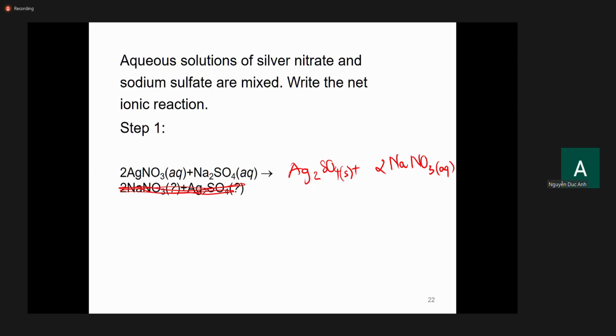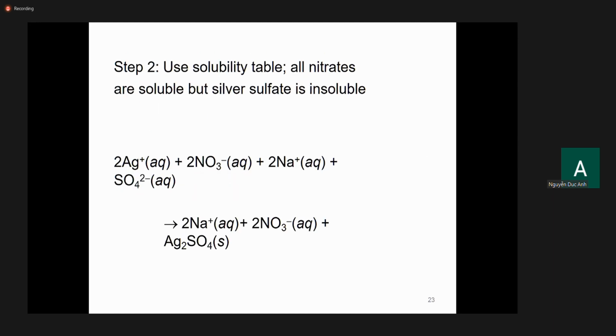Now you know that in this reaction, silver sulfate is produced as an insoluble material. It's what we did last time, the solubility table.